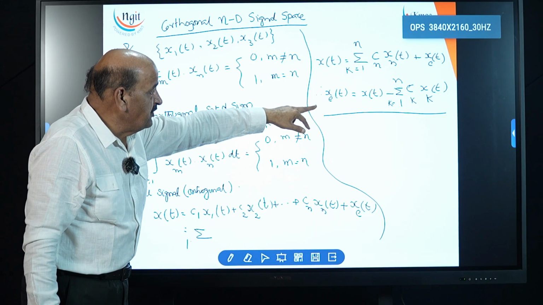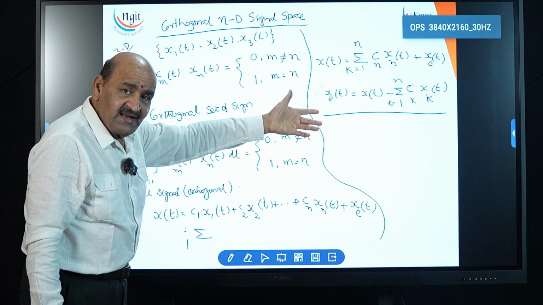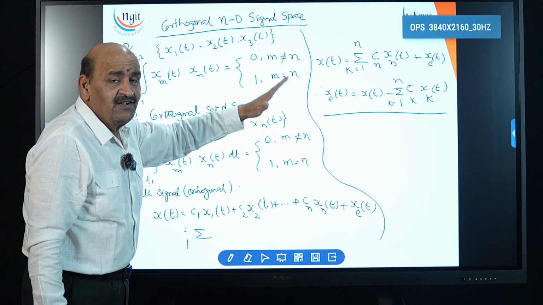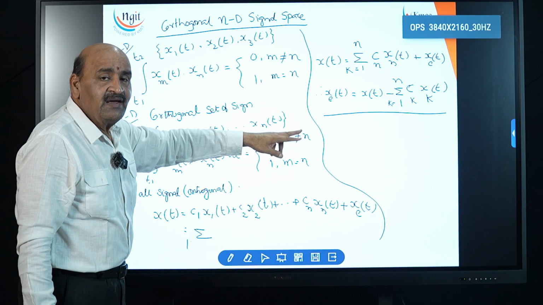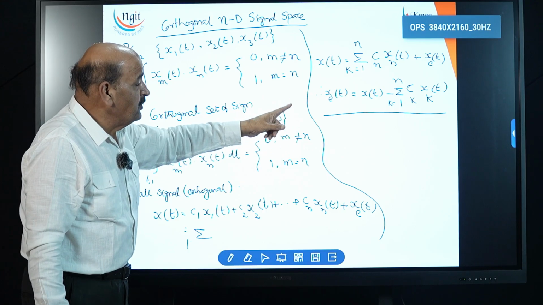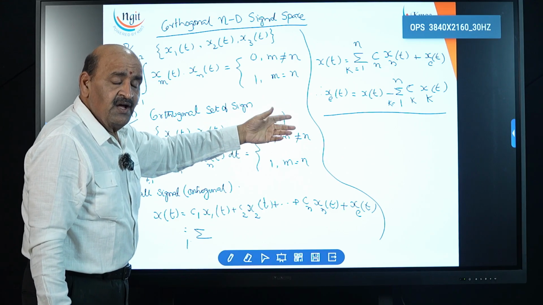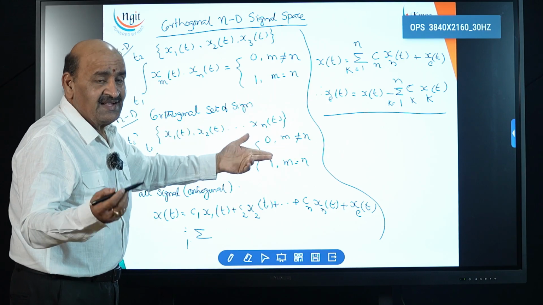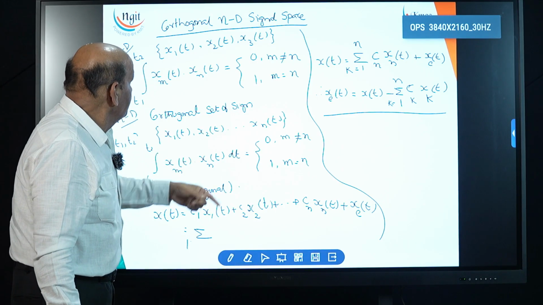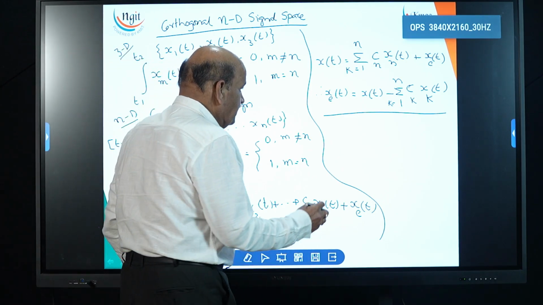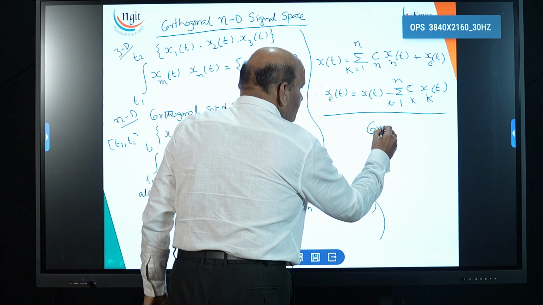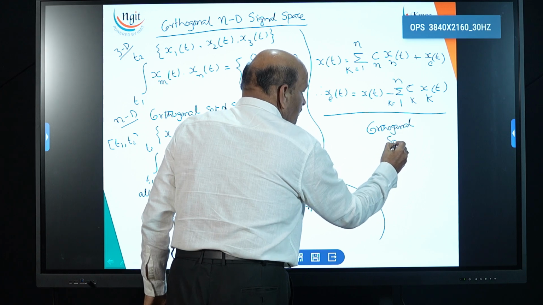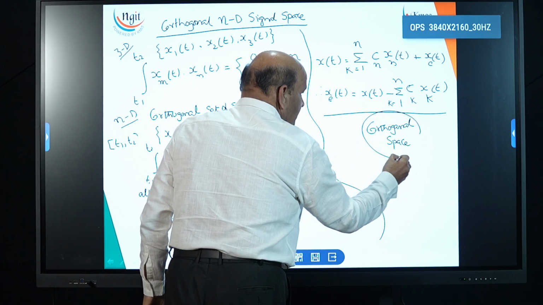So just look, this representation is the same as the previous representation of vector n-dimensional space. That's why there is an analogy between vectors and signals. Once you remember one representation, on that basis you can get the other representation as well. So in this session we discussed orthogonal space.